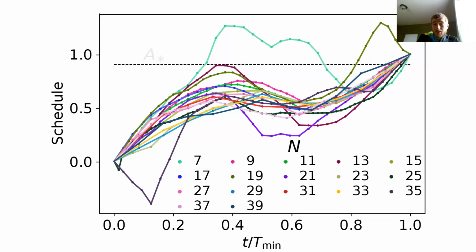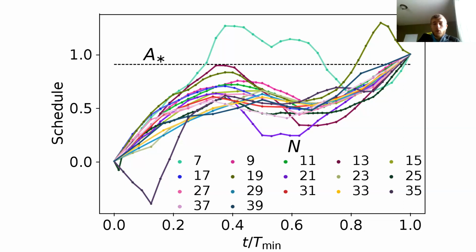And right here, I'm showing you this particular value, A star, and this A star has to do with where the exponentially closing gap is in our system. So this is the value of this function A of t, such that when you're at this value, the time dependent Hamiltonian has this exponentially closing gap.